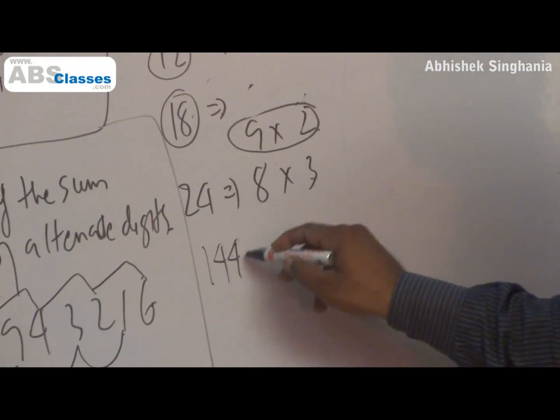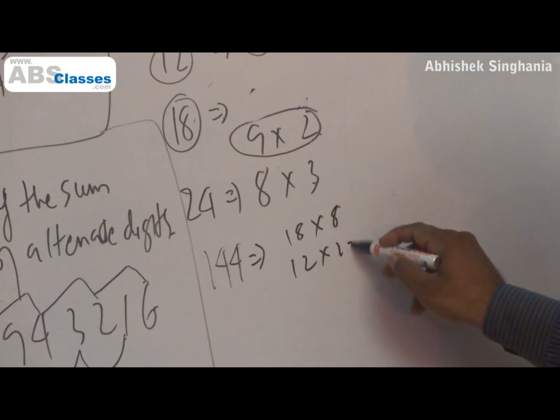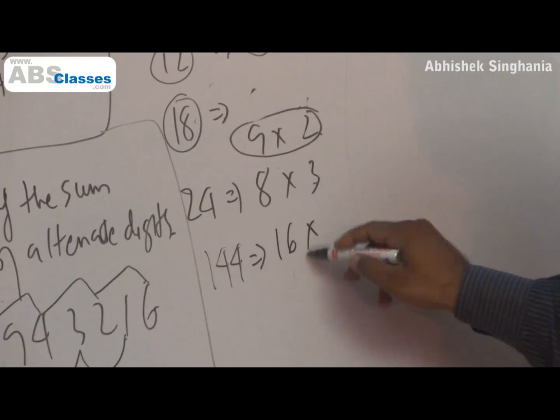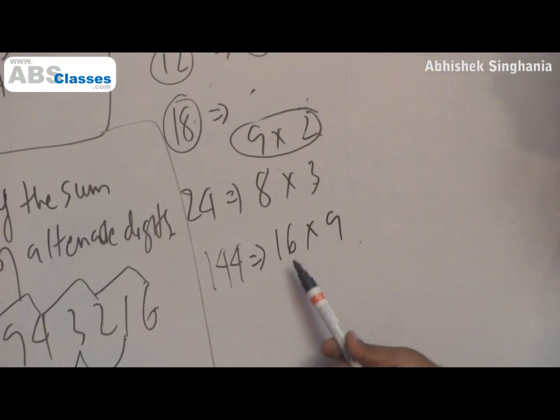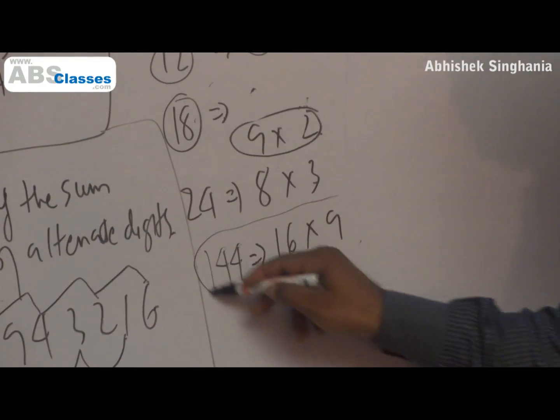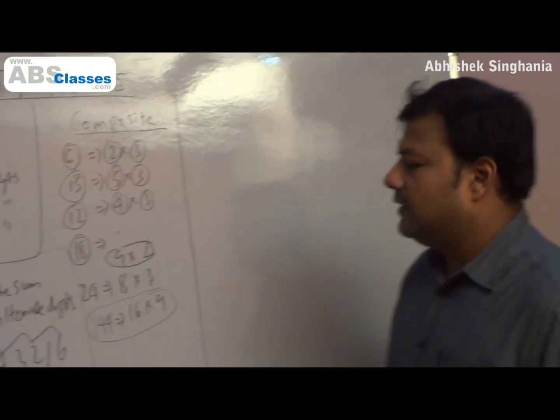You can write 18 into 8, 12 into 12 and so on, right? But you have to break it up as a product of 2 co-primes. So 16 into 9. For 16, you know the rule is last 4 digits; for 9 it is the sum of the digits. So this is how you can check for 144. Alright, you understand this? Okay? Alright, thank you.